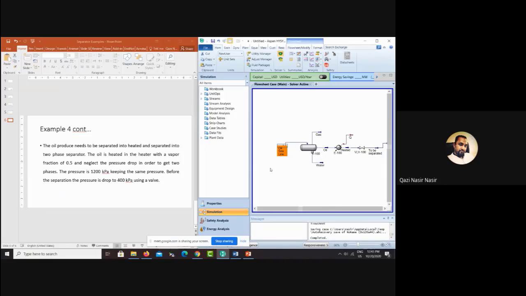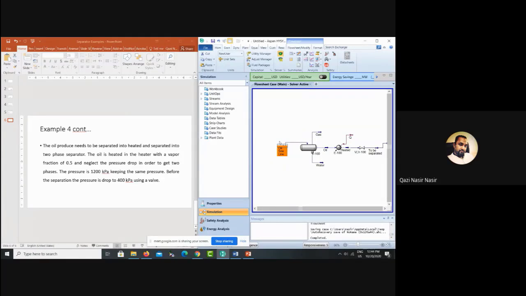Yes, that is the reason why you can see here you are getting 77% of the liquid and a very small amount, let's say 20% or 25%, of vapors. This kind of stream is basically a stream of oil which we get from the ground. If you're working in petroleum, you have two different types of sites. At one type of site you have purely gases, the majority is gas, coming from the ground.